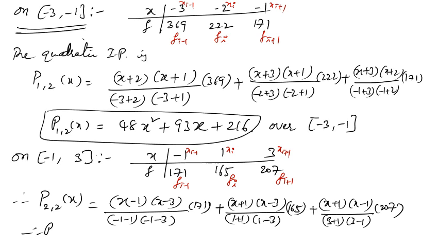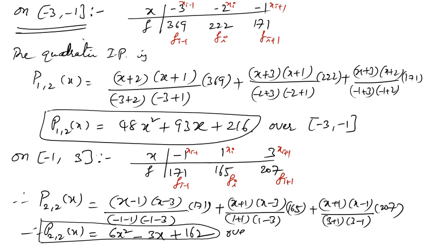Therefore p22 of x equals 6x square minus 3x plus 162. This is the second quadratic polynomial over minus 1 comma 3.